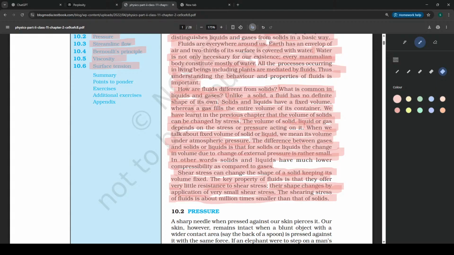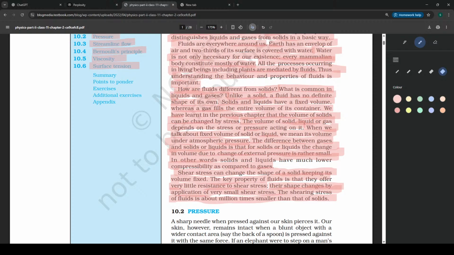That is the reason, based on this key property, why when we pour liquid into a beaker, it takes the shape of the beaker. It is offering very little resistance to shear stress.